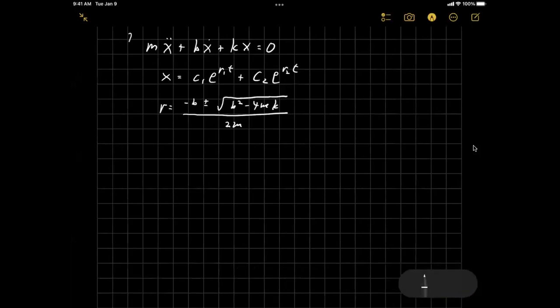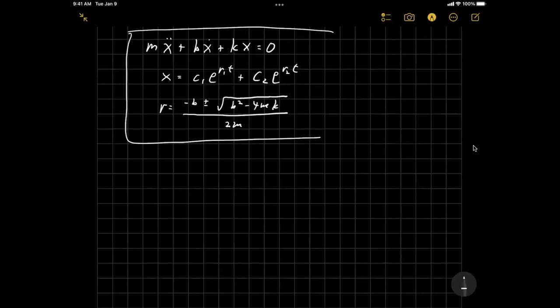We had the differential equation for damped oscillations, the new term being the b x dot term, because that's velocity. And then we had derived this solution for it, the general solution with the C1 and C2 terms. And we had defined r to be negative b plus or minus the square root of b squared minus 4mk, all over 2m.